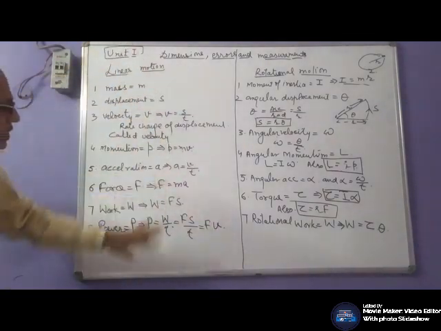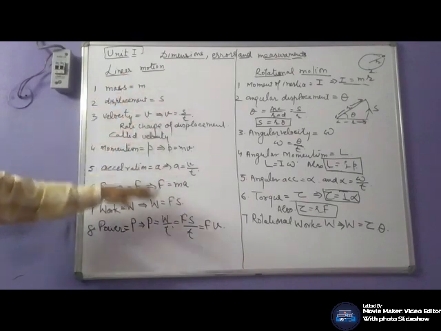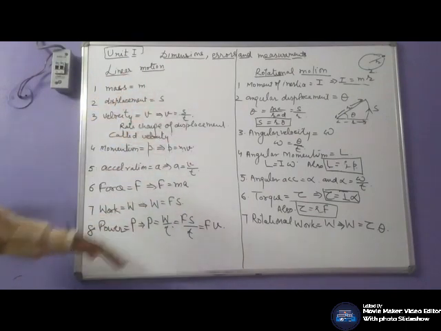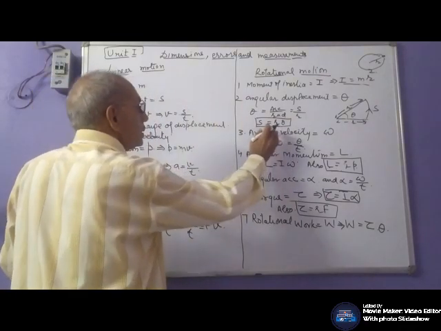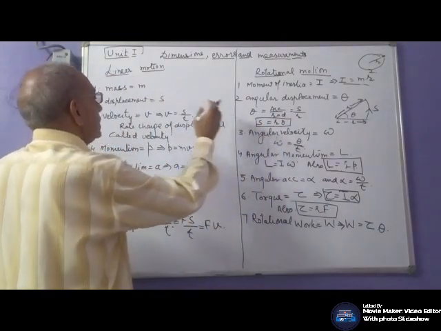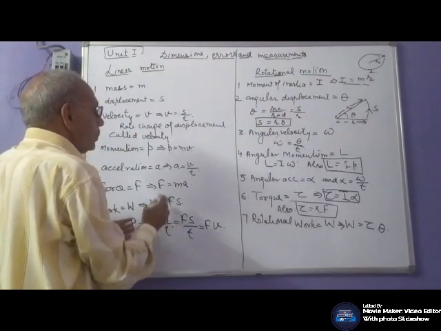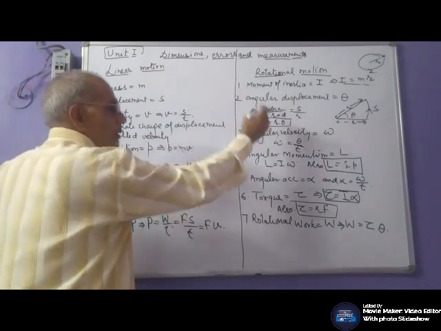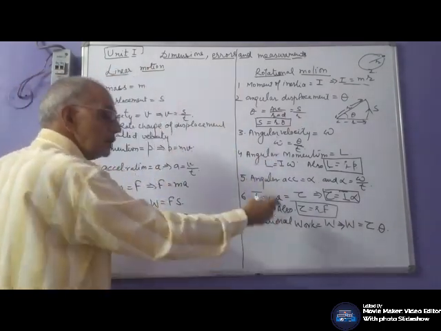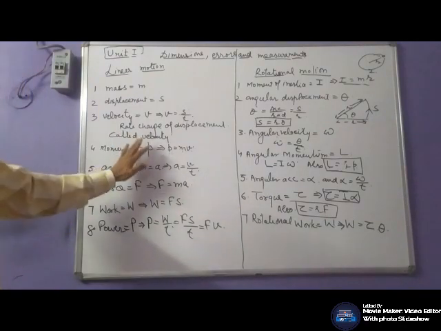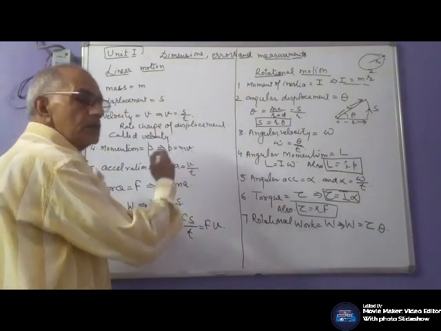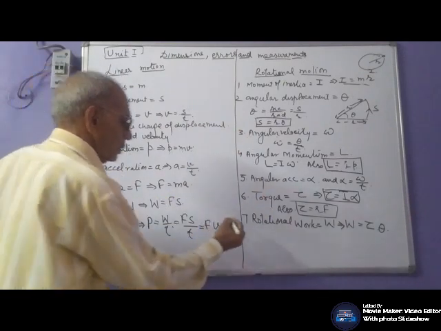We know these things from matric. Up to matric we have done all these. They are related. What is the role played by them in linear motion? The same is the role of these things in rotational motion. So remember this is analogous to this, this analogous to this.